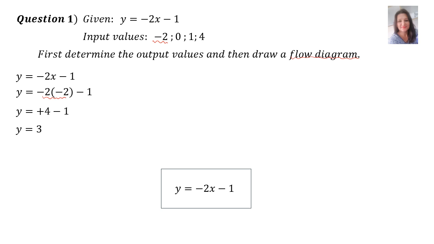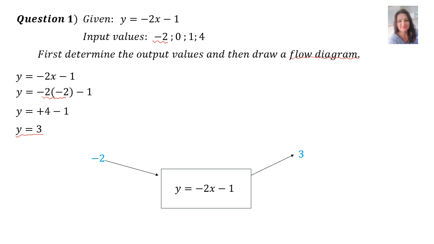Then your first input value on the left hand side was -2, your arrow pointing towards your block, your arrow pointing outwards, and then your corresponding output value is this one that you calculated. That will be 3 on the right hand side.